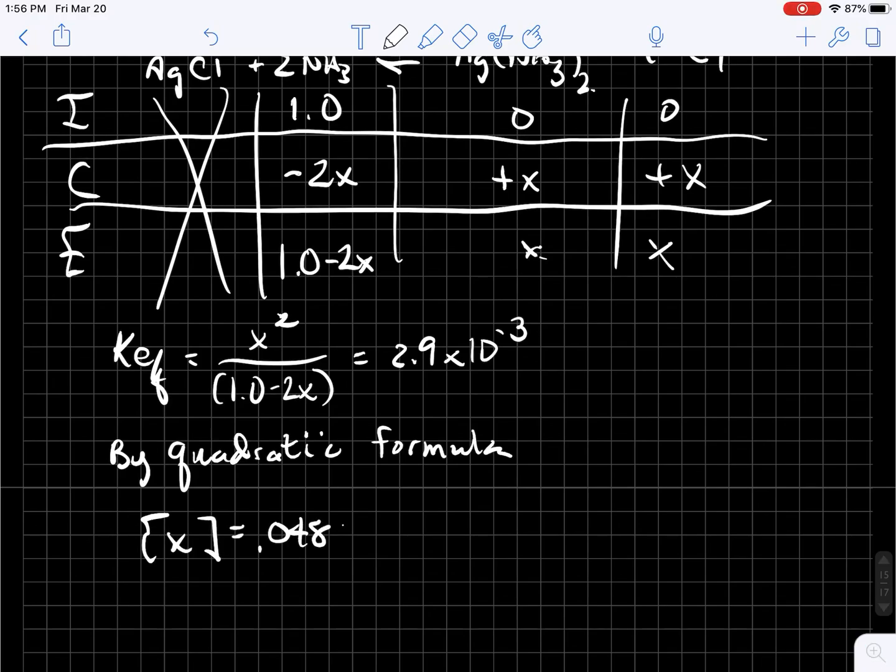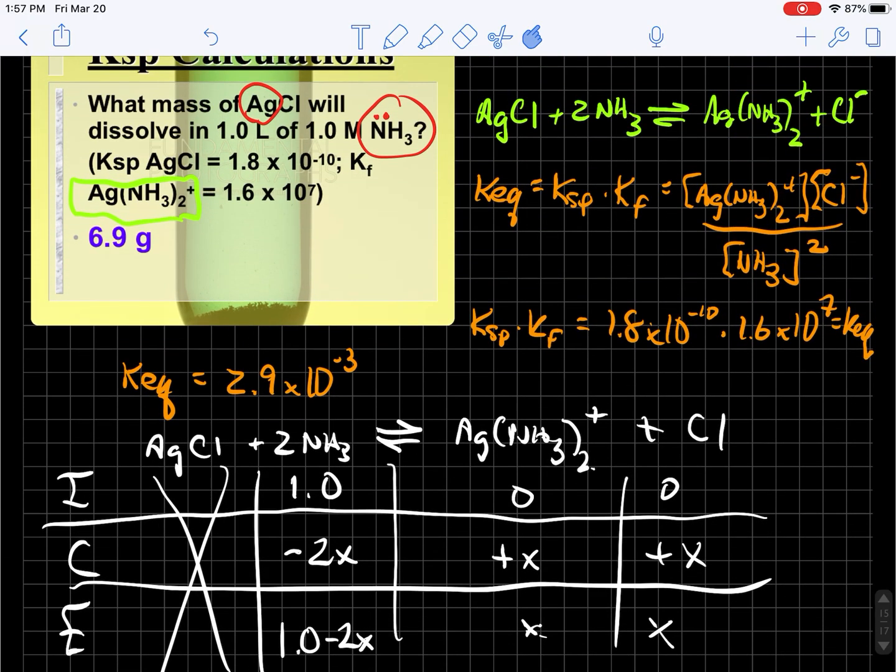All right, concentration of X is equal to 0.048 molar, and that is also equal to the concentration of the chloride. Now, why is that important?